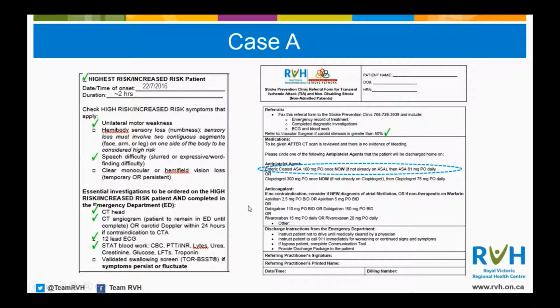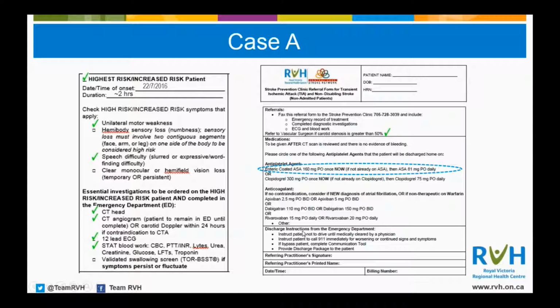Because the patient had a carotid stenosis of 55%, we referred the patient to a vascular surgeon and have indicated that on the form. After we reviewed the CT scan and there was no evidence of bleed, we went on to prescribe a bolus dosing of aspirin and advised the patient to resume with daily dosing of 81 milligrams once they returned home the following day.